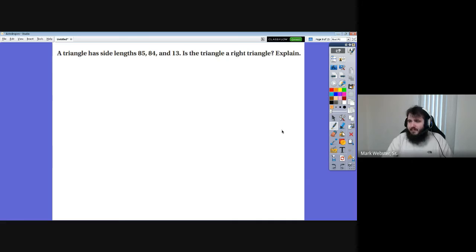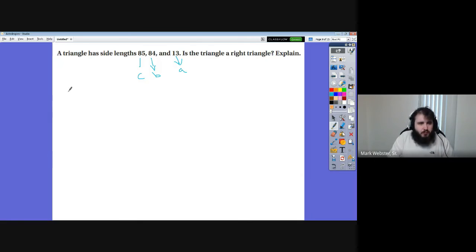We're not going to be given any type of angles to be able to physically see. So what we need to do is we need to actually go through and say, all right, well, here are the side lengths. Does everything line up? So remember, when I do this, I make the smallest one A, the middle one B, and the biggest one C. All right?